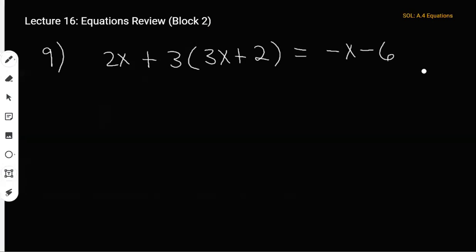So I'm starting off with my original. And everywhere I see an x, I'm going to replace it with a negative 1. So I replace this x with a negative 1, and then there's an x over here on the inside. I need to replace that with a negative 1.